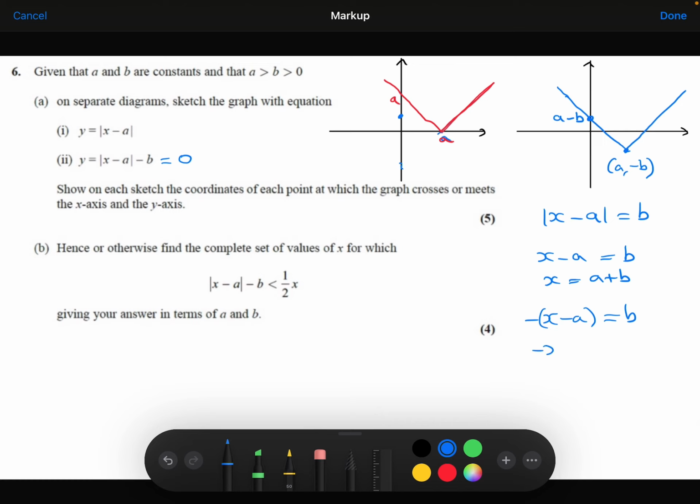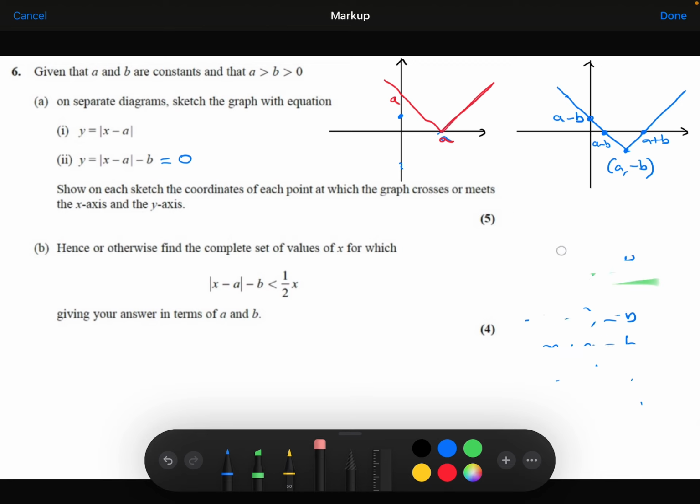The second equation gives me x is going to equal minus b plus a, or a minus b. So these are the values of x where the y coordinate is equal to 0. So this must be the coordinate a minus b, and this must be the coordinate a plus b. So that is my answer for part A.